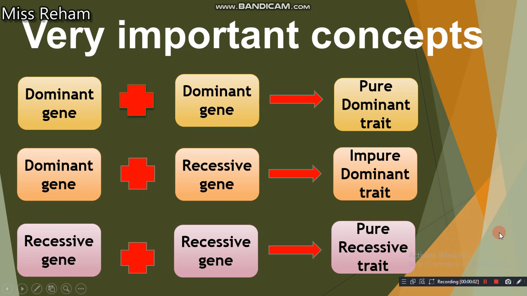Now, from these diagrams, we can conclude many definitions. Number 1. Who can tell me what's meant by pure dominant trait?